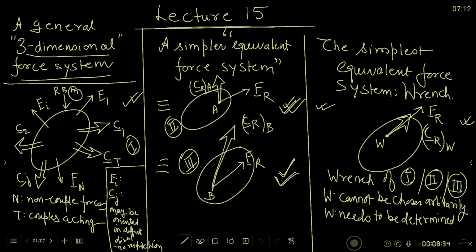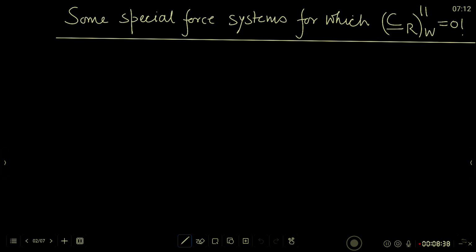I should call it just CRW. There is no need to put the superscript parallel here. So the CRW, which is the torque associated with the wrench force system, will also be 0. It means that the equivalent force system will have just one force acting at a special point W.